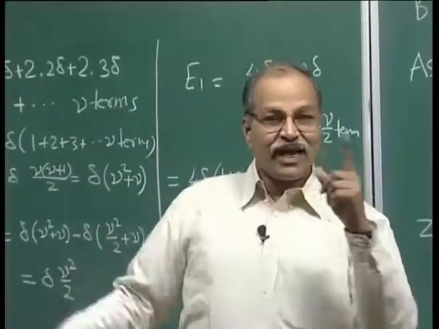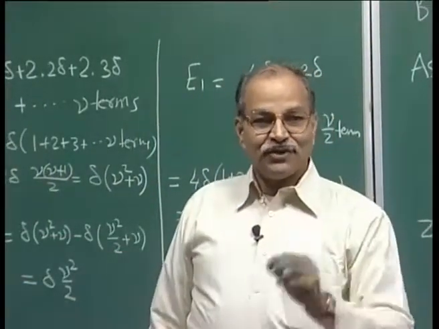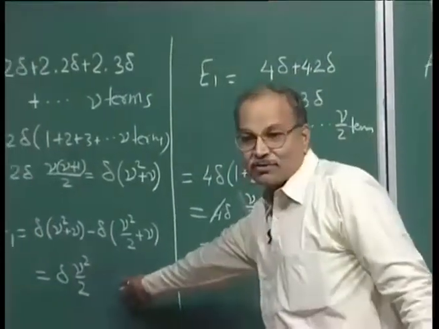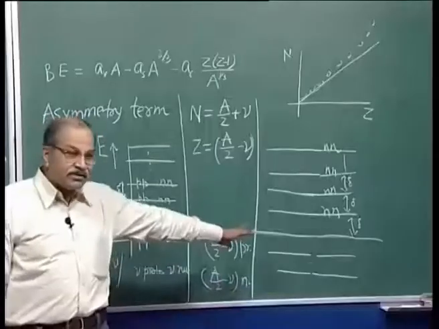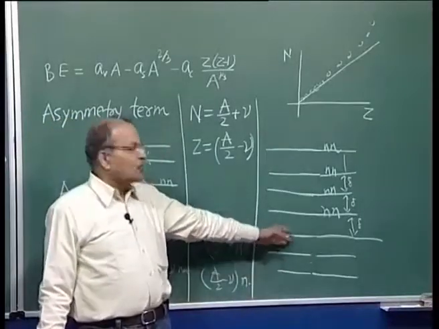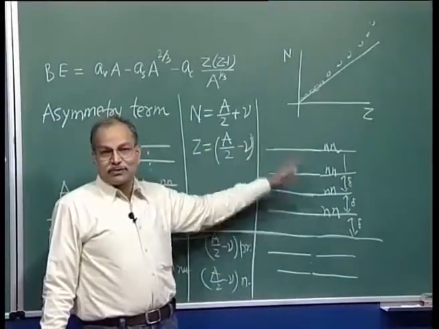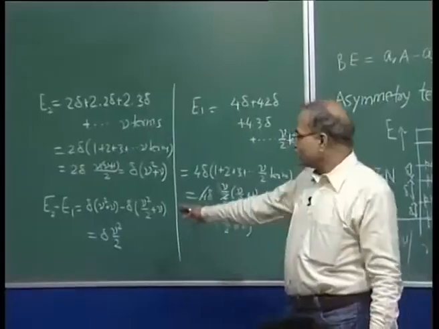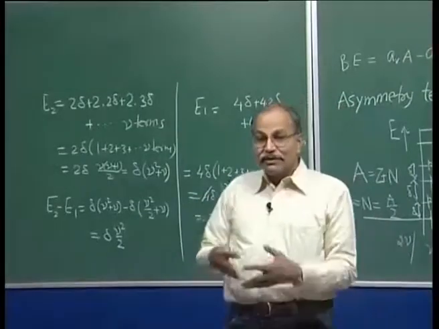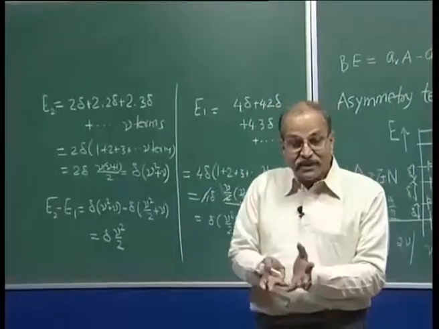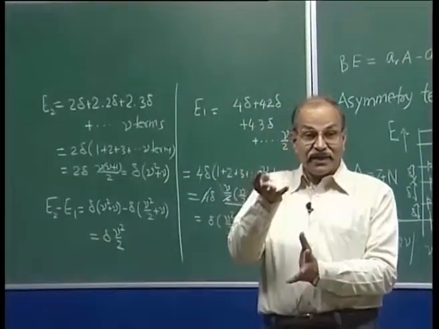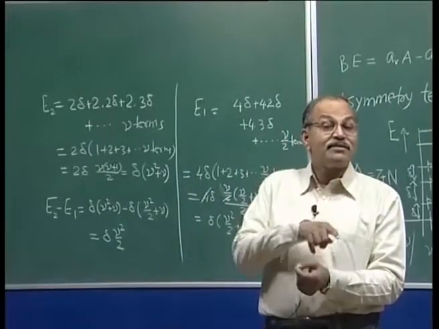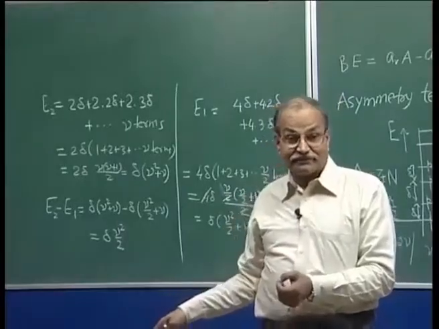From there, the actual energy of the nucleus when you have N greater than Z will be higher by this much amount. Again this is an estimate, these energy levels are not all equispaced and all those details are there, but roughly speaking this is the energy by which the nucleus mass energy has gone up, and if the nucleus mass energy has gone up, that means the binding energy is decreased.